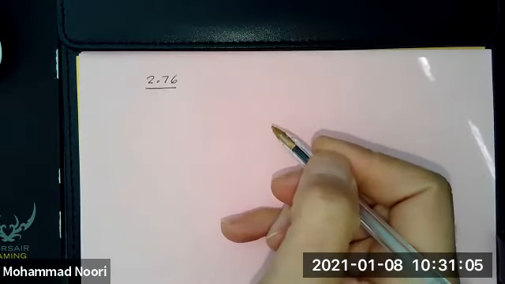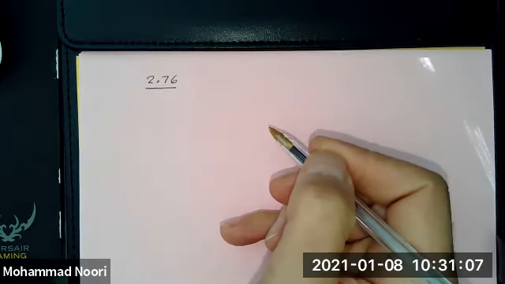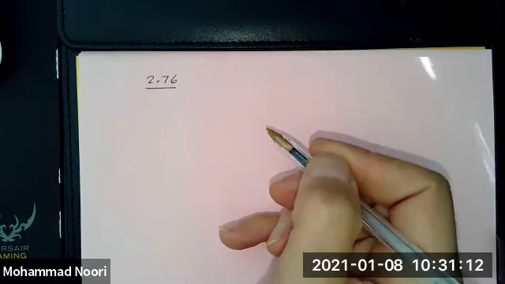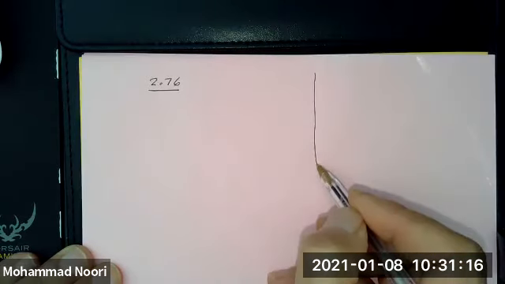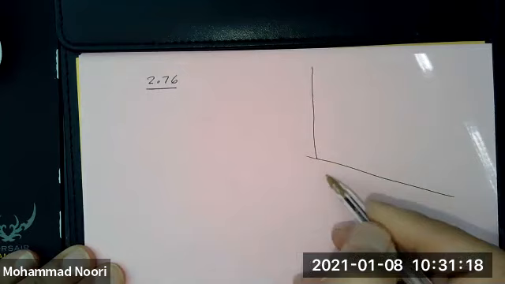So here in this problem, we just simply want to play around with the vector equation for a force and see how we can set up the vector equation for a force. This is the problem, okay?